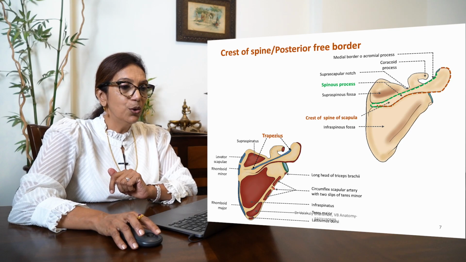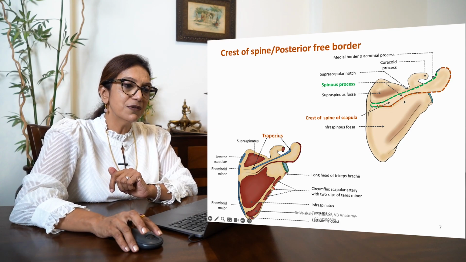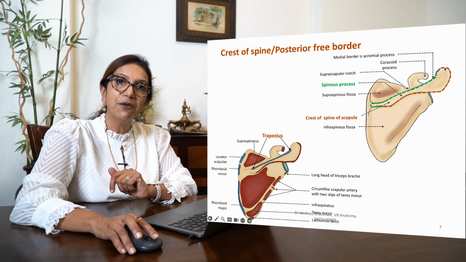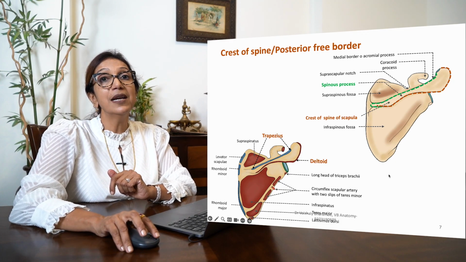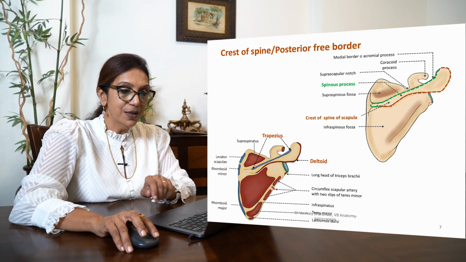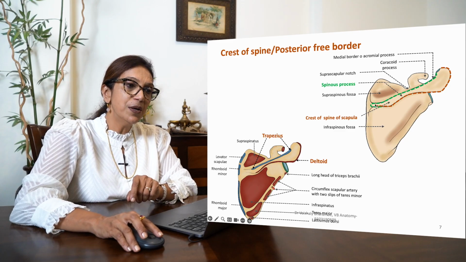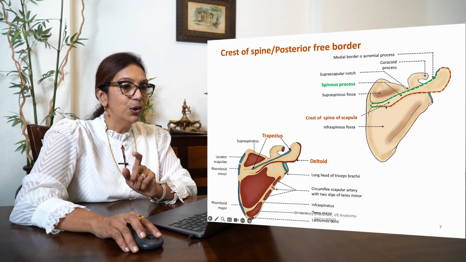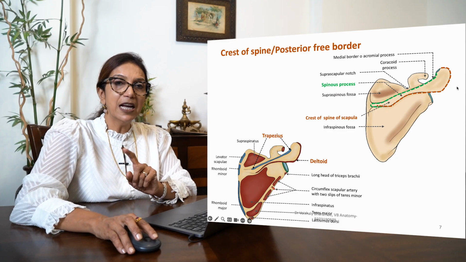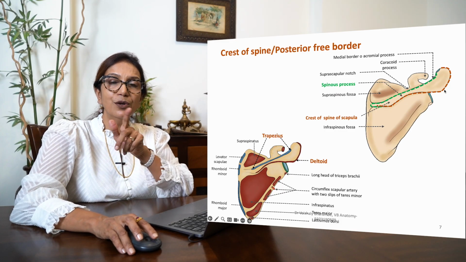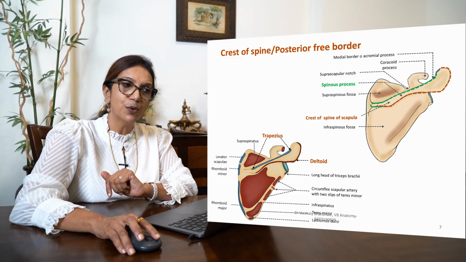Similarly, the lower border of the crest of spine becomes continuous with the lateral border of acromion process and gives attachment to the entire deltoid muscle. Okay, so let's revise this once. Upper border, trapezius muscle. Lower border of crest of spine, deltoid muscle. This attachment is continuous with the attachments on the acromion process as well.